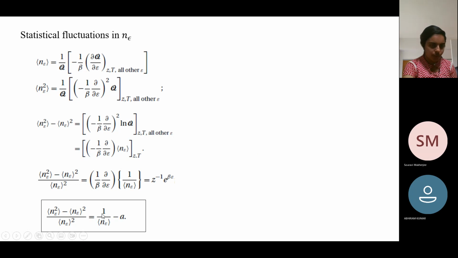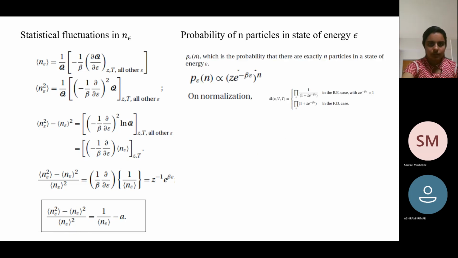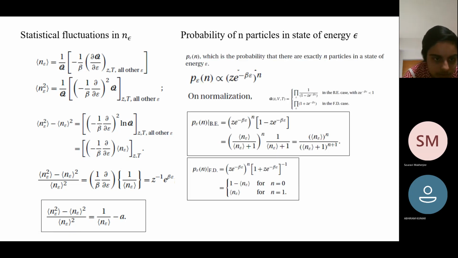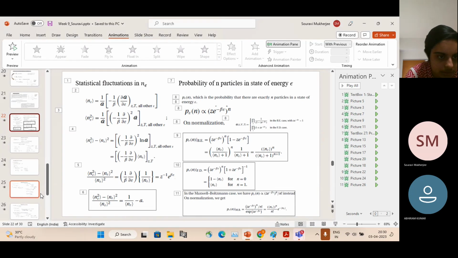So what you get is NE minus A into NE square, NE like average square, right? Then if you take NE common, it would be 1 minus NE, right? Considering A to be 1, which is the case for Fermi energies, right? So if you do that, what will you get?